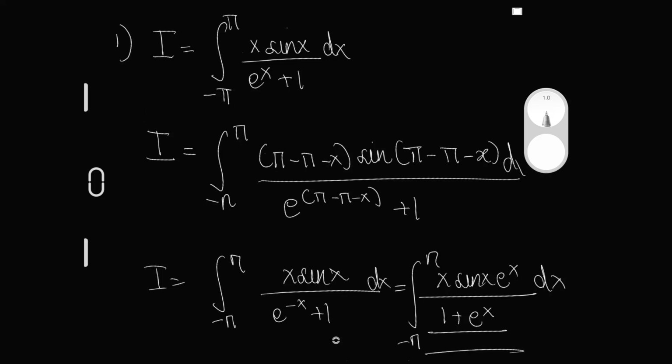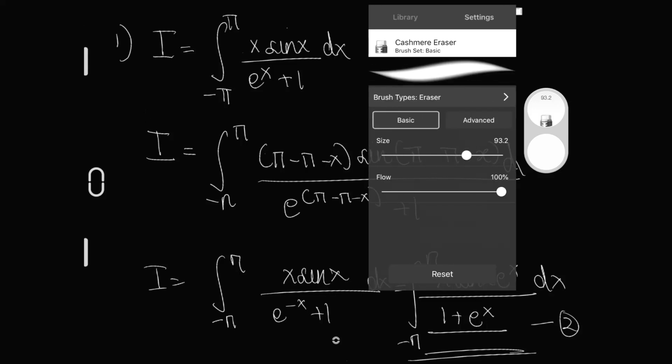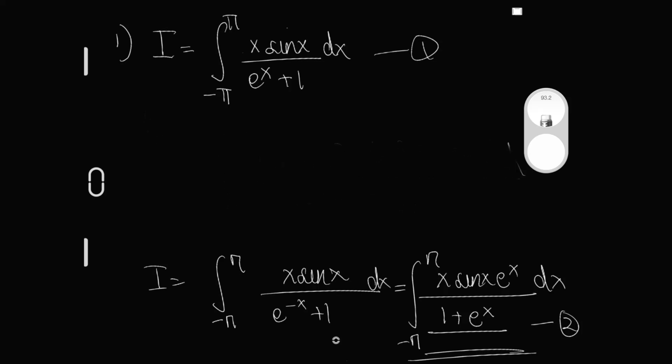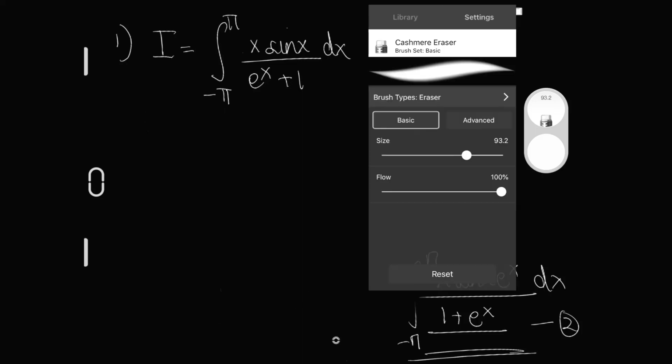So this call it 2 and this call it 1. Now what I'm going to do is I'm going to add up 1 and 2.